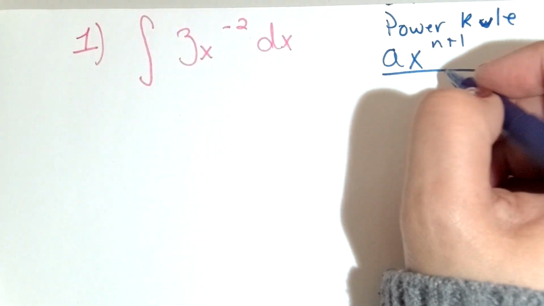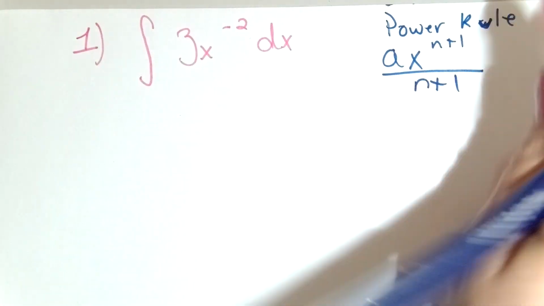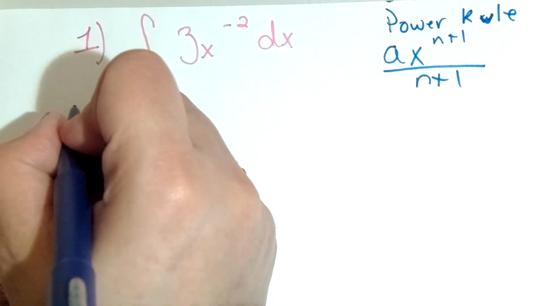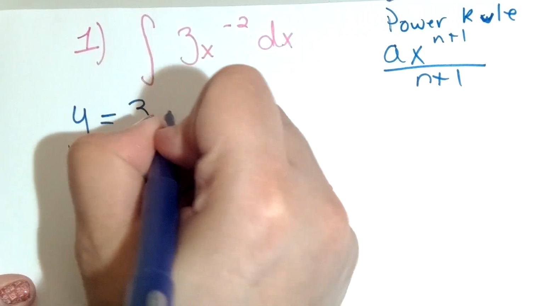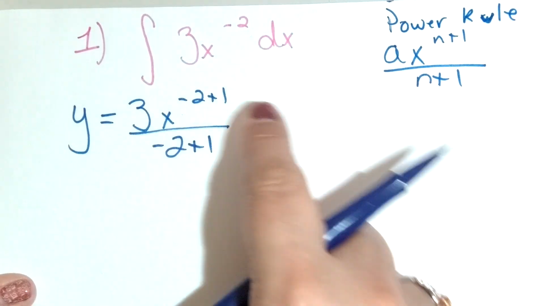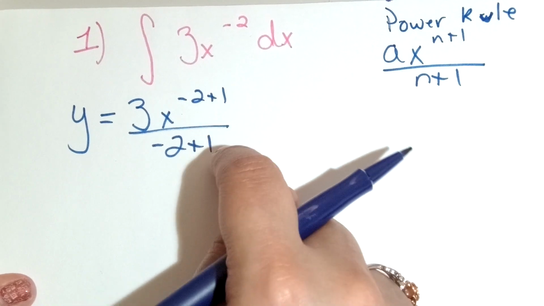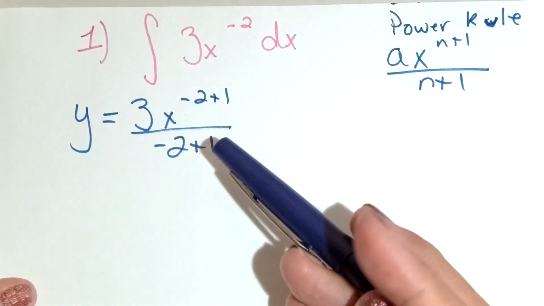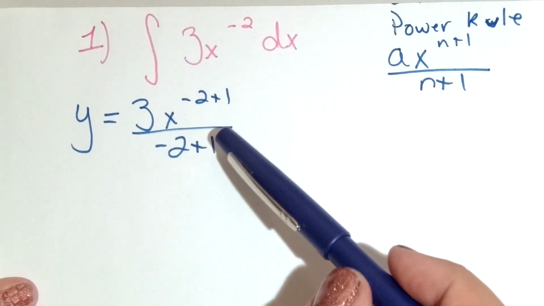You add the same. Yeah, it goes also in the denominator. So I'm going to add 1 to the exponent and put that same thing in the denominator. These two things have to match. For the power rule, they have to match.